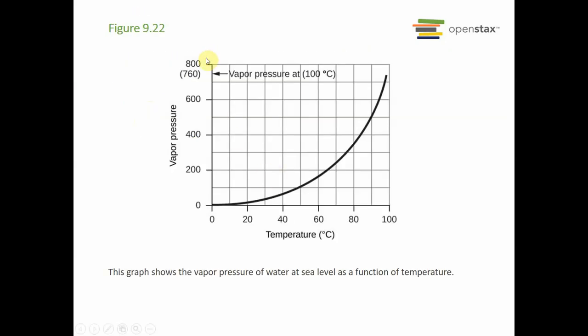And here it is. This is in millimeters of mercury. So at 100 degrees C, the vapor pressure of water is 760 millimeters of mercury.